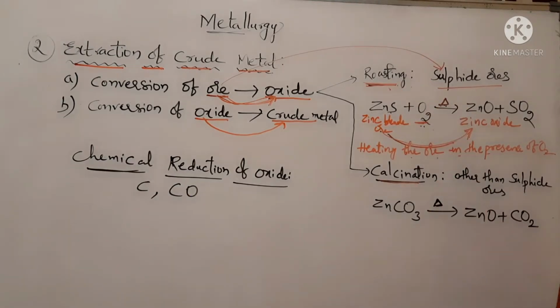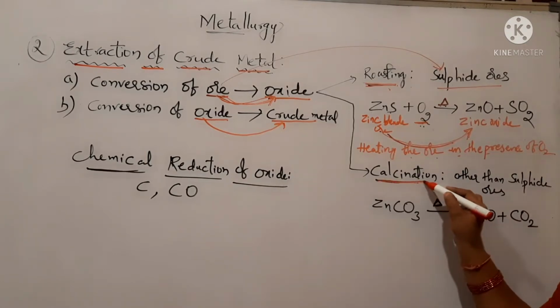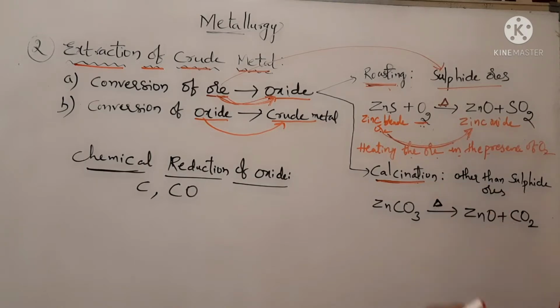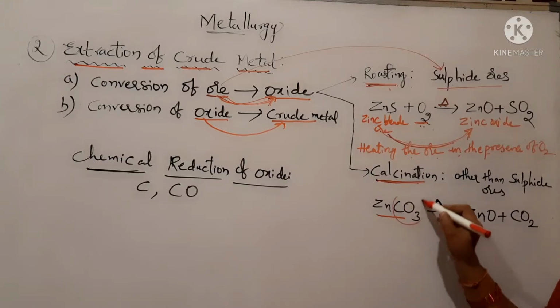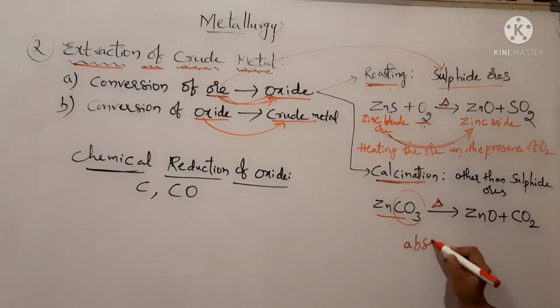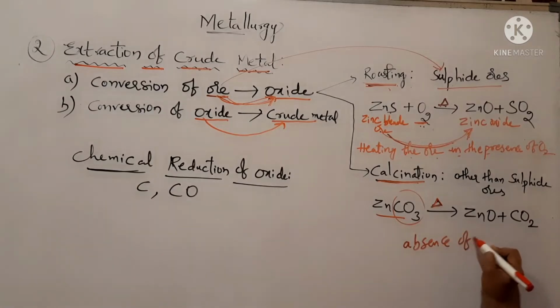If it is not the sulfide ore, then you have to go for the process calcination. For example, you take zinc carbonate. This is not a sulfide ore, this is the carbonate ore. Then you have to heat the ore in the absence of oxygen.